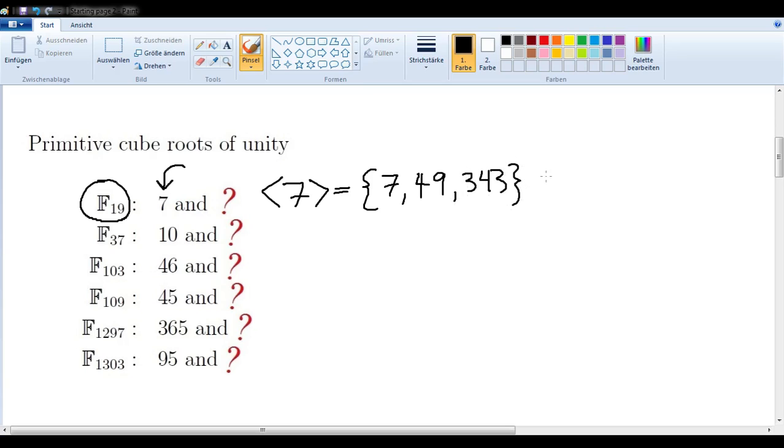And if we simplify that by doing the operation modulo 19, we get 7, 11, and 1. So these are our three cube roots of unity, and these two are indeed primitive cube roots of unity. So the answer would have been 11.